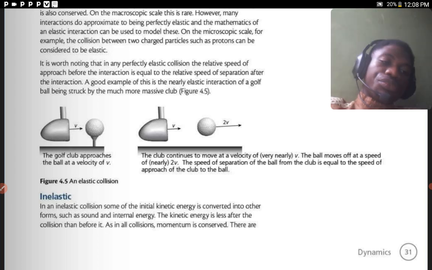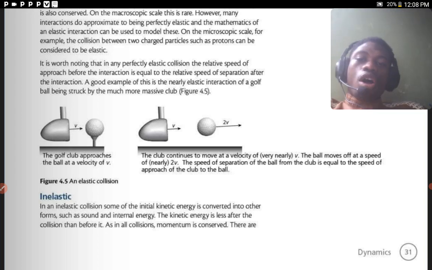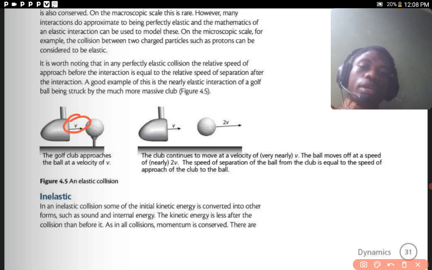All right, so this is a golf club approaching the ball at a velocity of v. Over here, the club continues to move at a velocity very close to v.